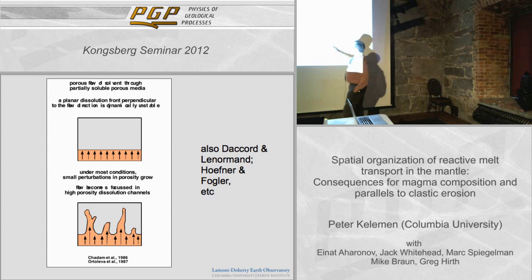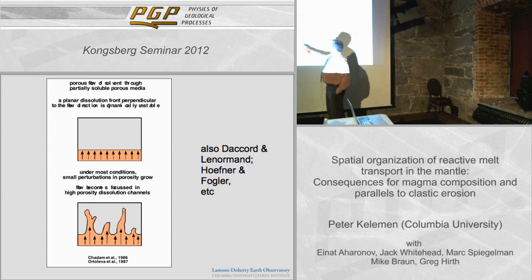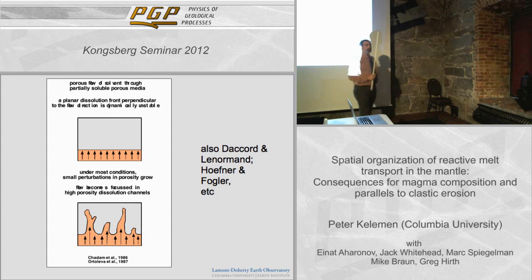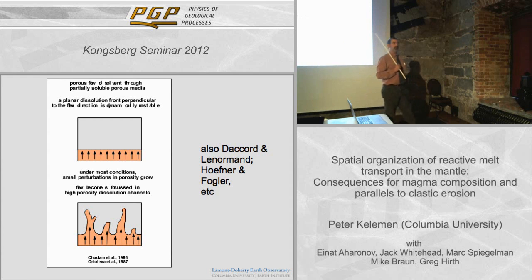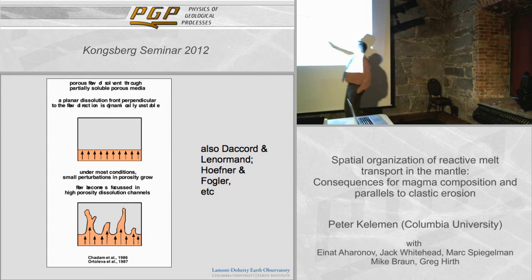So if you have a solubility front, so you have undersaturated solvent flowing into a porous medium that is partially soluble, that planar front is unstable, and it will break down into elongate dissolution channels in the direction of fluid flow, because any perturbation along this front provides, let's say, a higher porosity.